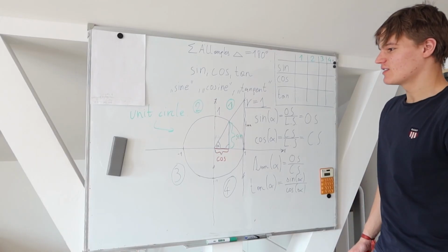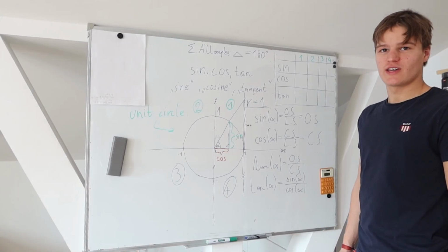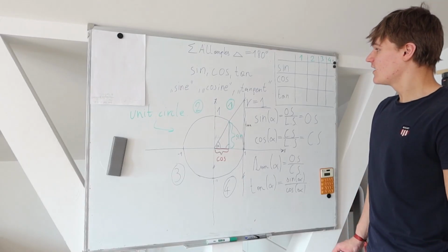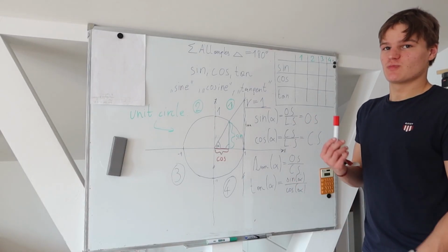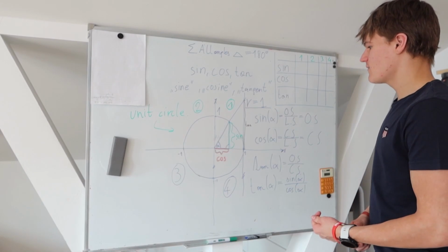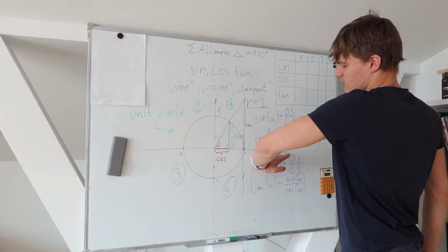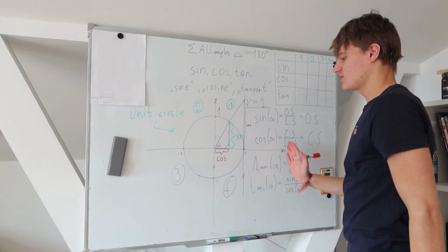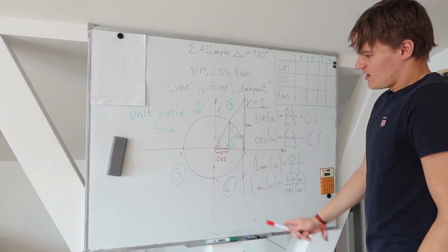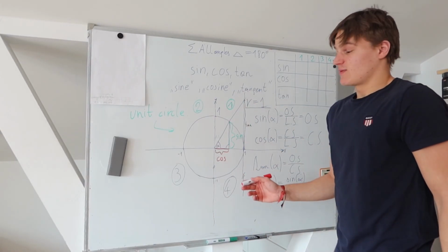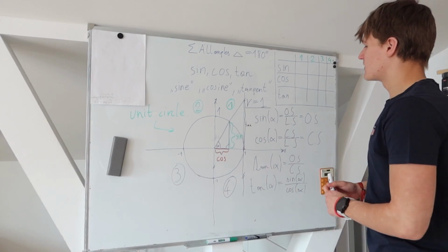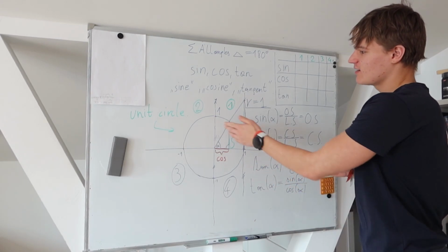Remember that, guys. Alright, so I now created a table right here. I hope you guys can see that. Let's have a look at the values, positive or negative. Okay, so we have the first quarter, which goes from the positive x-axis to the positive y-axis. So basically this quarter right here. Does the sine go in the positive y direction?